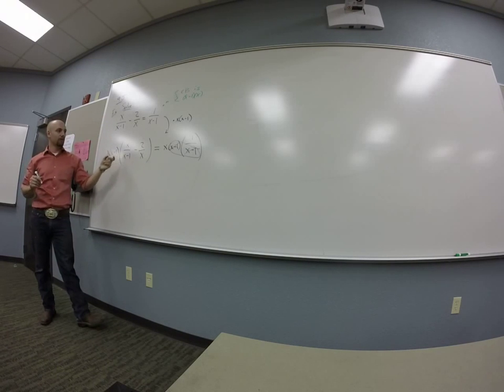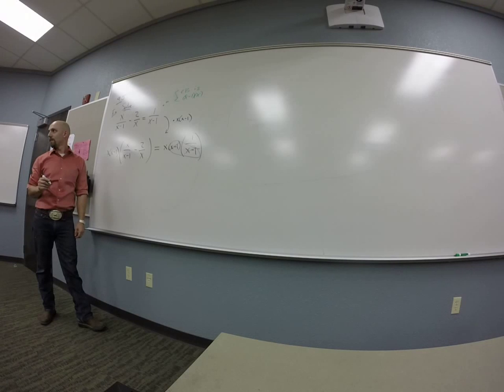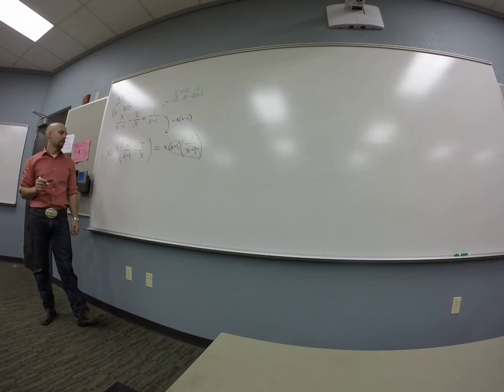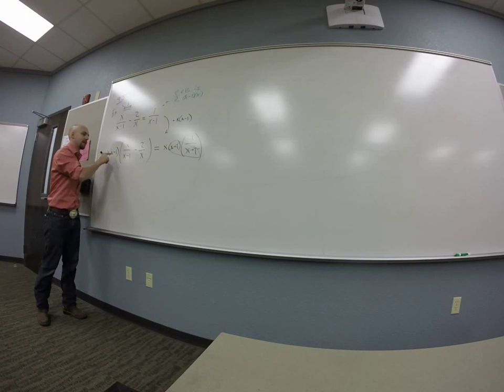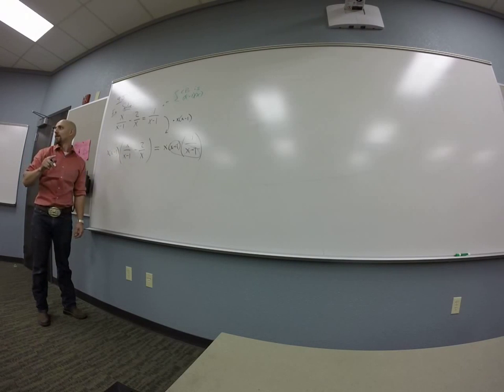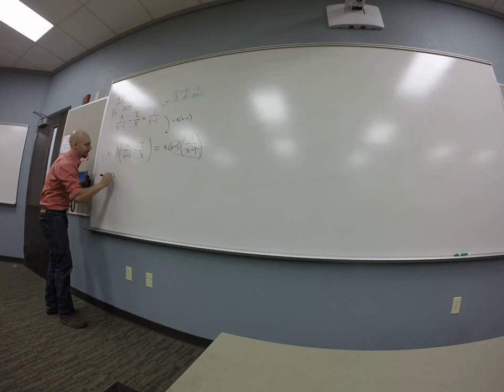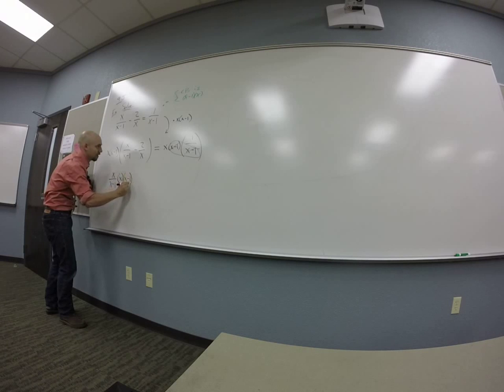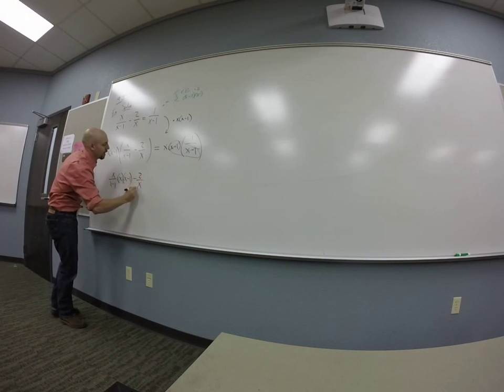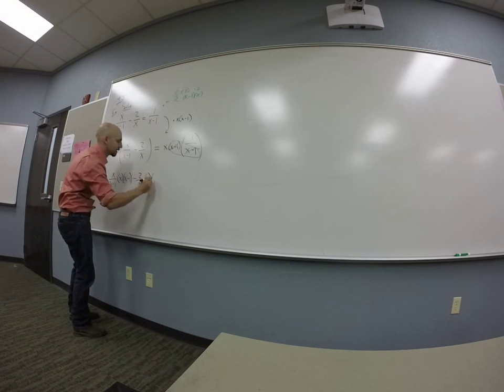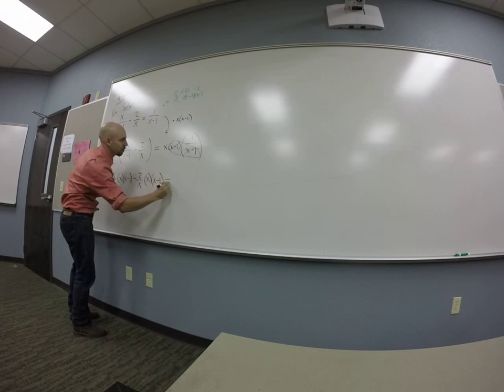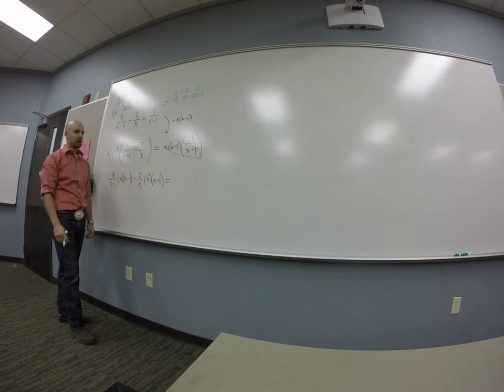Okay, on this side, what do I get? Careful. Don't cancel this and that and this and that. You need to distribute first, then cancel. So you get x over x minus 1 times x minus 1 minus 2 over x times x minus 1 equals, what's on the right hand side?